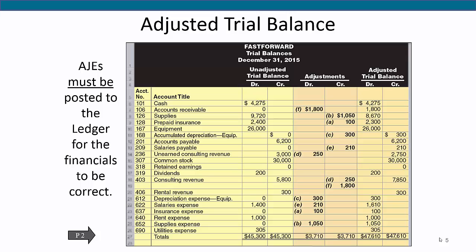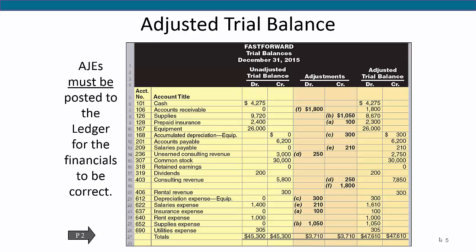The main purpose for showing you this worksheet is so you can clearly see how the adjusting journal entries change unadjusted account balances. In an unadjusted trial balance, those are the two columns to the left with numbers in them. It's a list of accounts and balances that were prepared before adjustments were recorded.